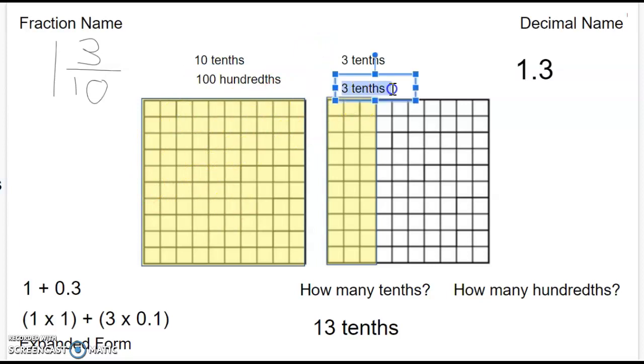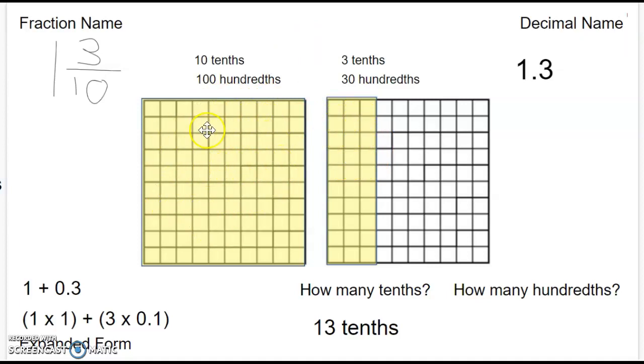Over here, I'm going to write how many hundredths there are. There's 30 hundredths on the right side. In the other part, I was listening to Miss Phipps yesterday, and she said they were making number bonds. This is one of the parts of your number bond. This is the other part of your number bond.